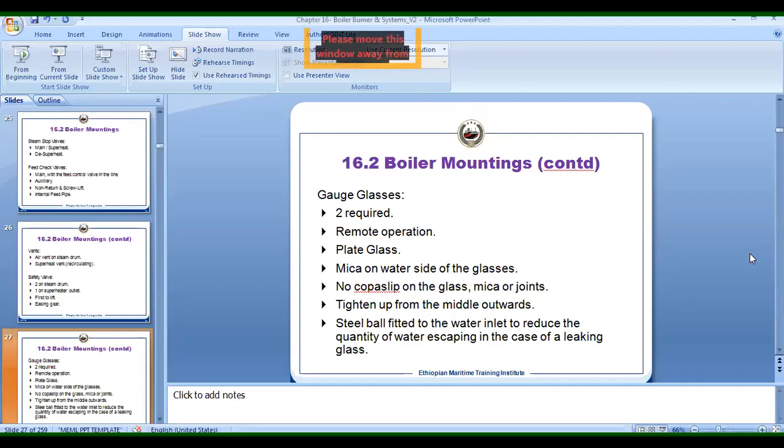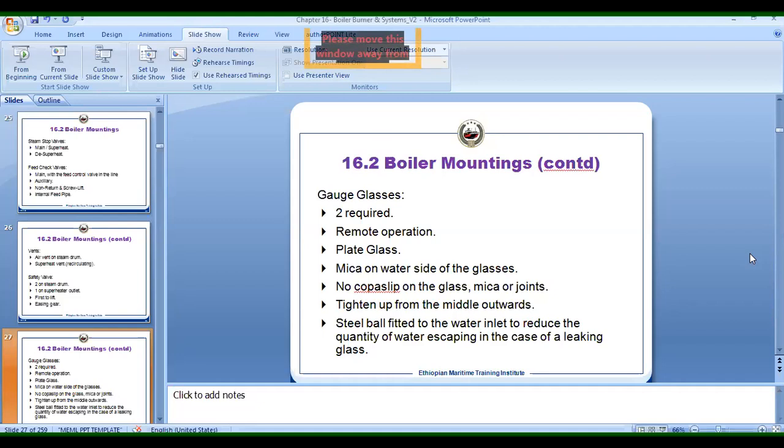On low pressure boilers, you can have a round tube type of gauge glass. A round tube is a round glass tube inside which there is water, and it is backlit. Whereas your plate glass, as the name suggests, and as you would have seen, consists of thick plates of glass, and that is also backlit. And obviously, they can take much higher pressure than a round tube type of gauge glass.